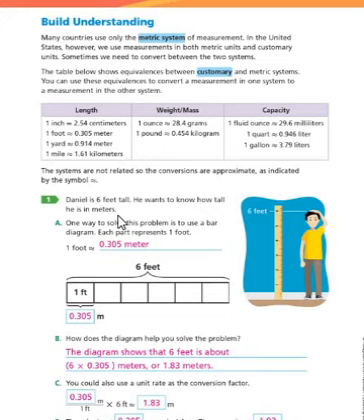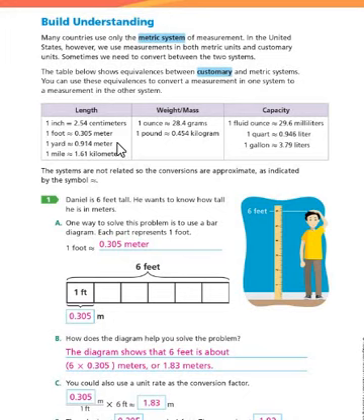We have his height in the customary system, which is 6 feet, and I want to know how tall he is in the metric system, in centimeters or meters. Now I know from the conversion factors here that 1 foot is 0.305 meter.